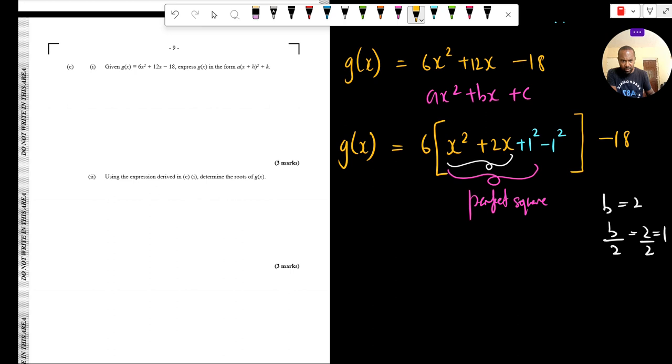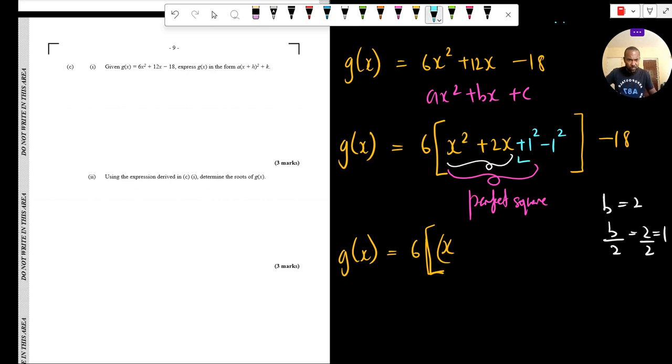So I can proceed to write g of x equals 6. I still have my 6 outside. Then my perfect square inside is going to be x plus 1 all squared. This plus 1 that I added is actually what comes here. Let me indicate with a particular color.